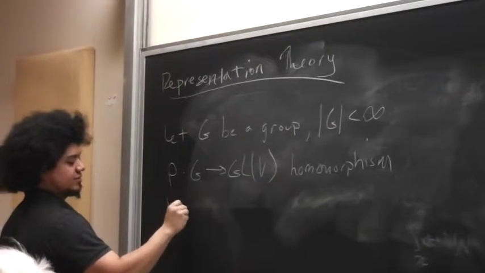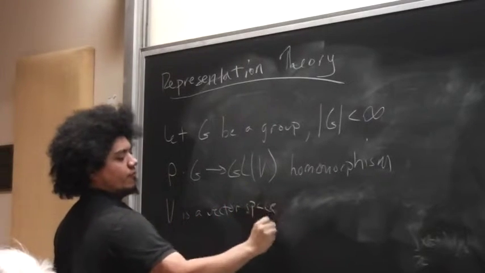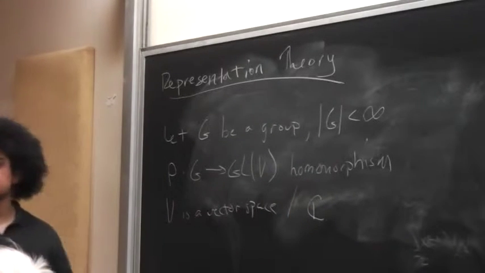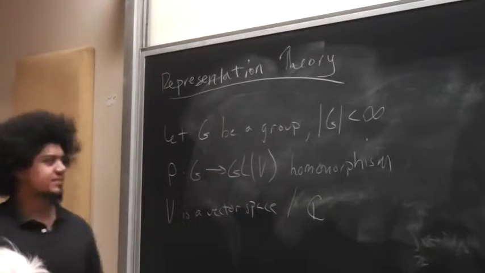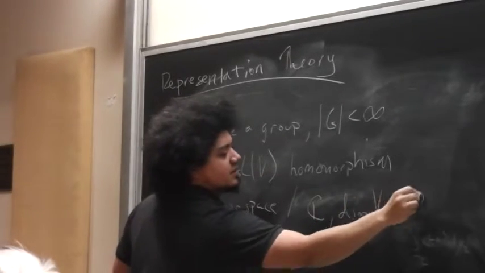So it's a vector space over a field, and we're going to fix the field to be C. Makes everything nice. Again, assume everything is finite.